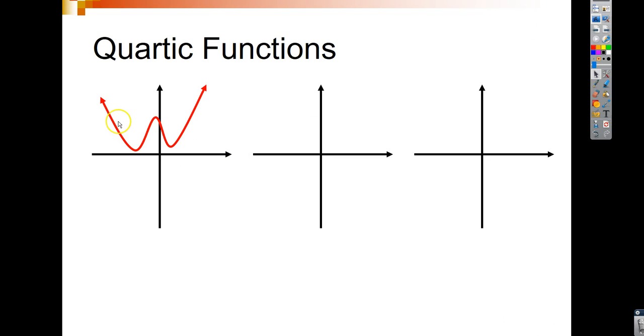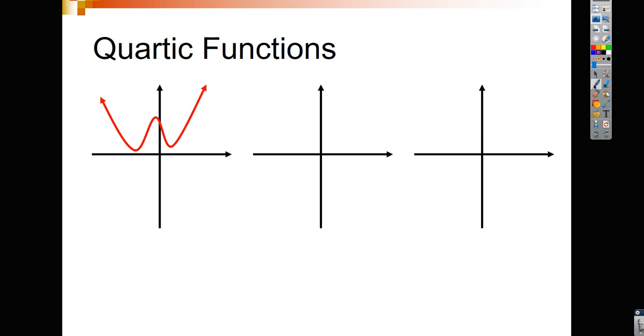Quartic functions were the next one, and quartic is to the 4th power, and it's an even exponent, just like x squared. It has both arms going up.